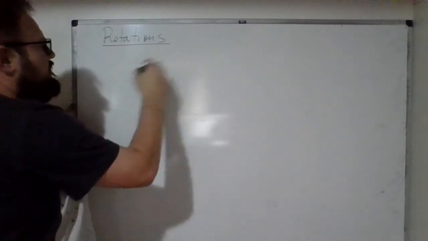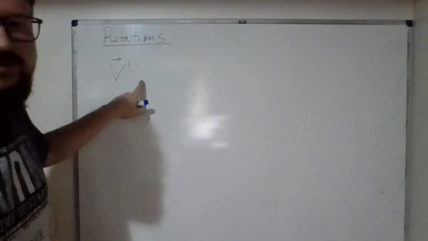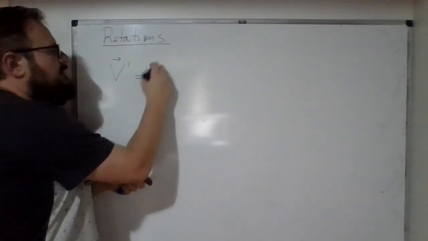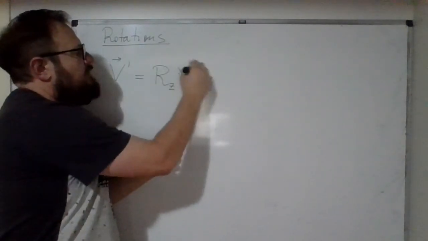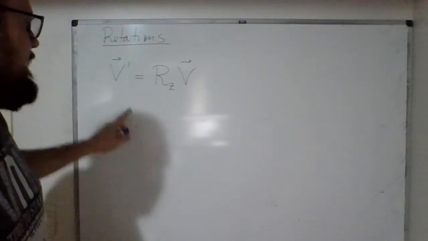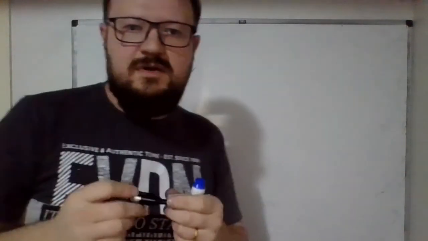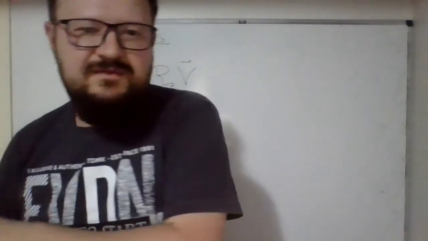Suppose you have a vector v, and you want to calculate the new vector v primed, which is produced by a rotation around the z-axis on v. There are two possibilities for considering rotations, which are the active viewpoint and the passive viewpoint.